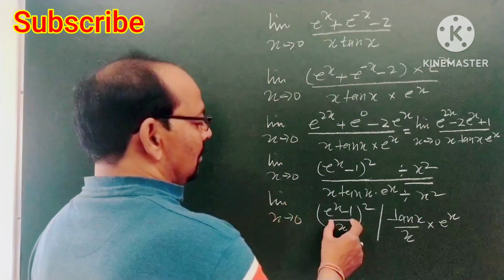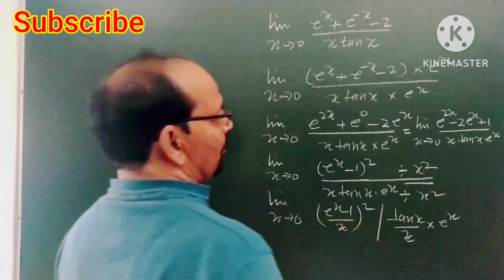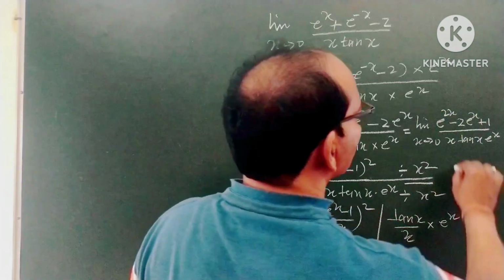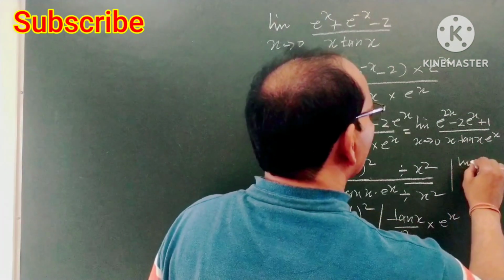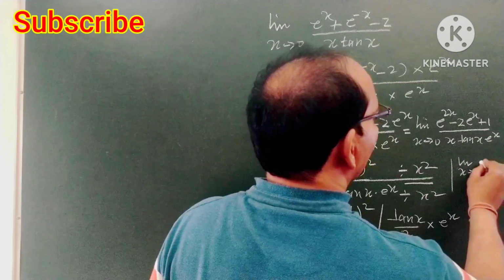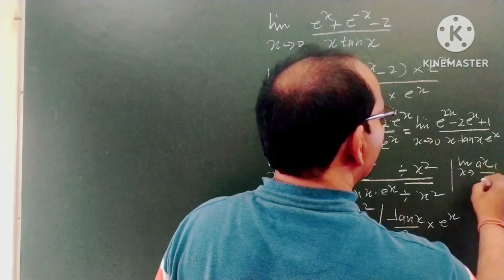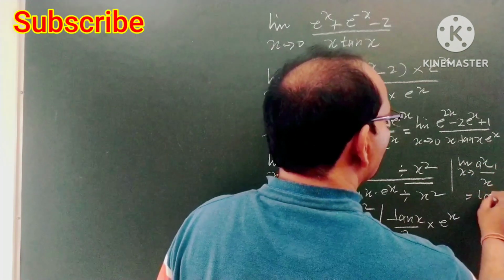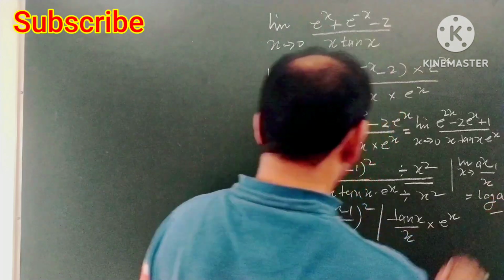If we find the limit of this and apply the formula, limit x tends to 0, (a^x - 1)/x is equal to log a.